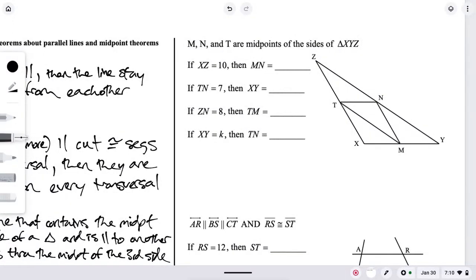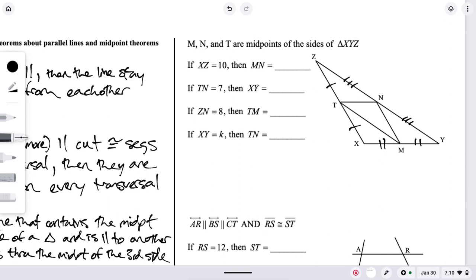So when I start looking at a figure like the one top right here, I see M and N are midpoints of the sides of triangle X, Y, Z. I can start thinking about how I have all these congruent segments.